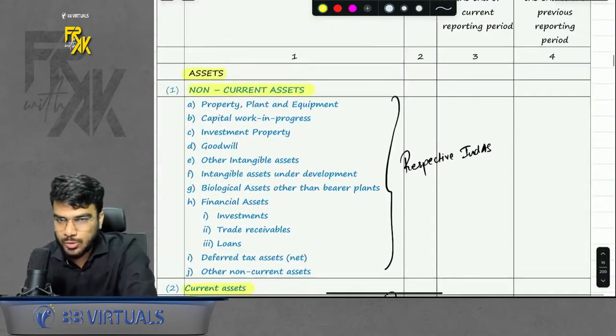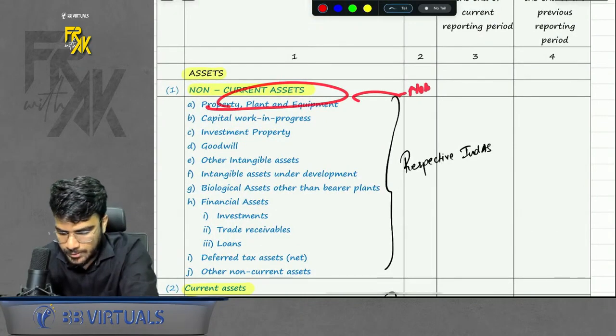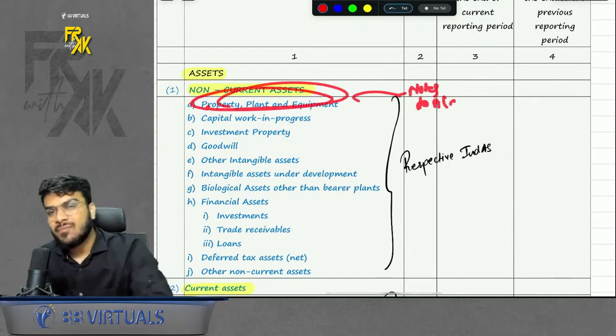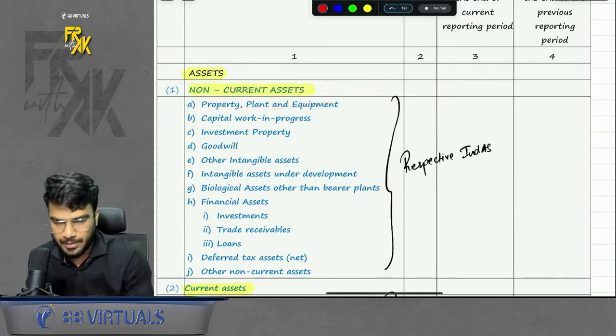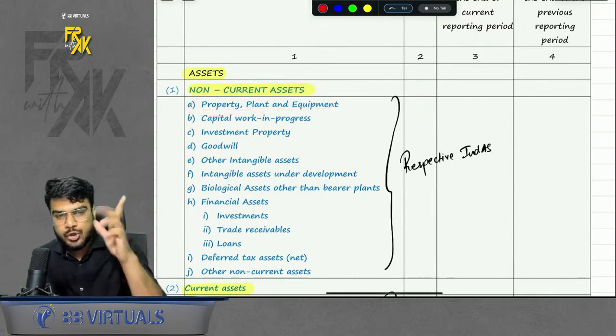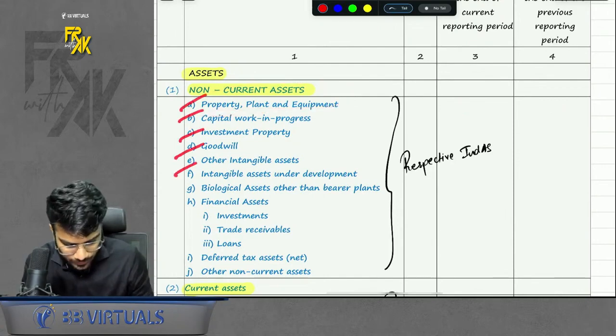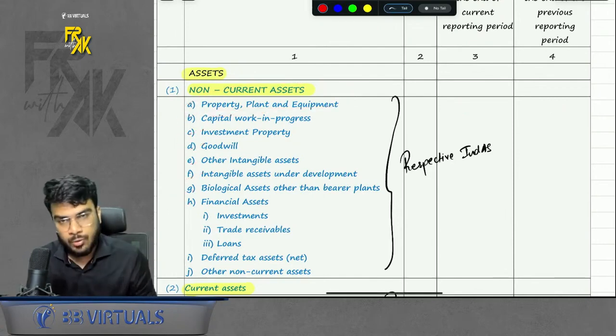Now, one thing we always know is that for each element of the balance sheet, we prepare a notes to accounts. For example, we have multiple PPEs, property, plant, equipments. We will write the final figure here, but the working will be done under notes to accounts. Likewise, for each and every element, we will give the working under notes to accounts.